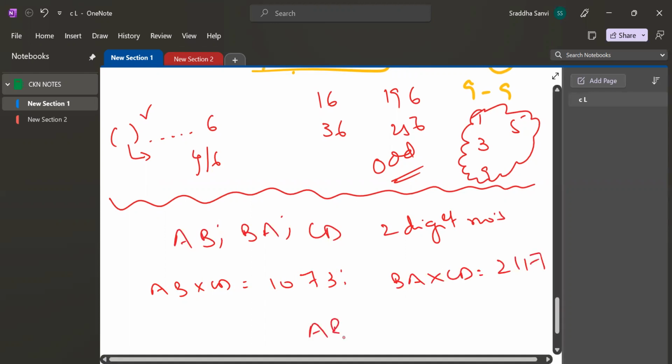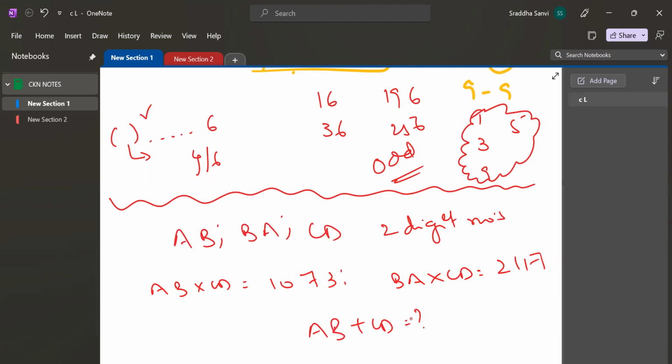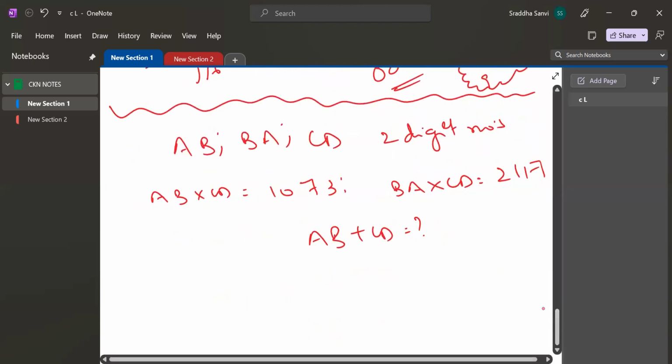They asked me what is the AB plus CD value. I'll repeat the whole question again. AB, BA, and CD are two-digit numbers. AB into CD equals 1073. BA into CD equals 2117. They ask you what is the AB plus CD value. They gave a couple of option choices.